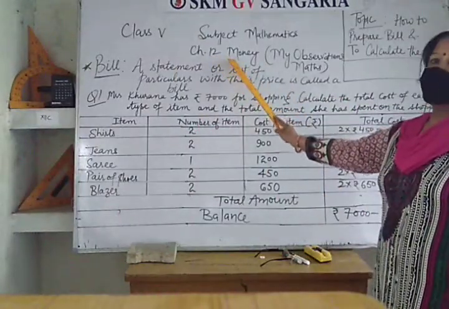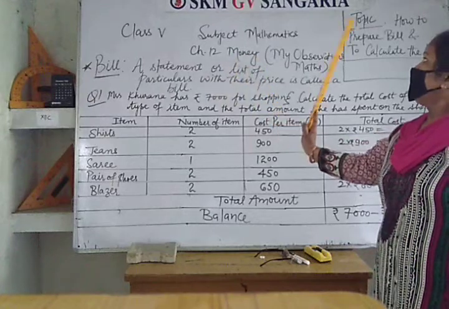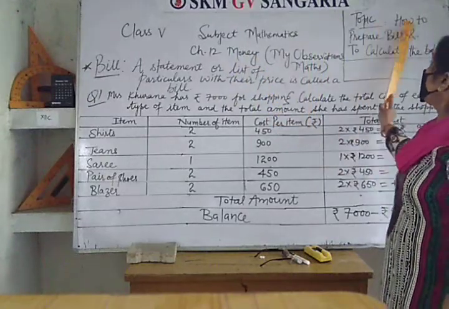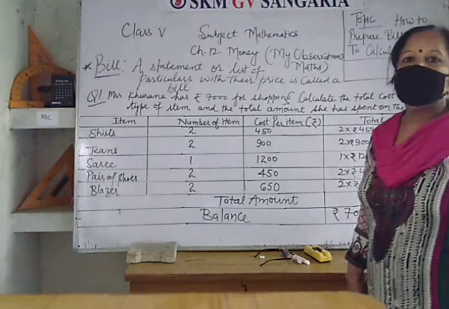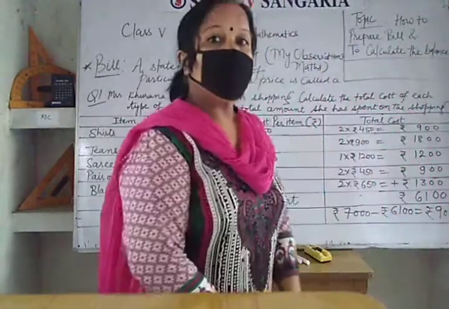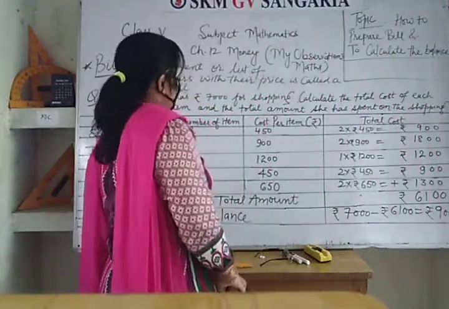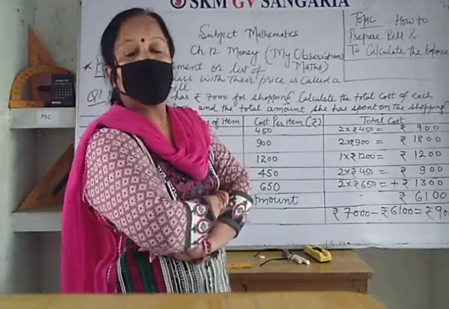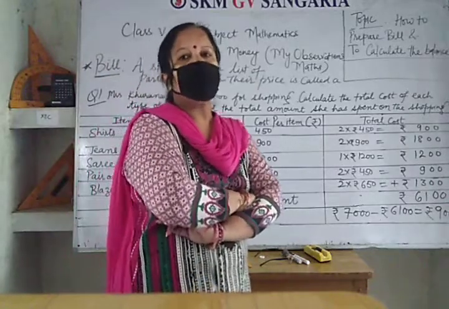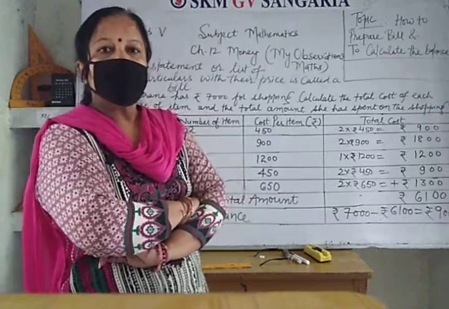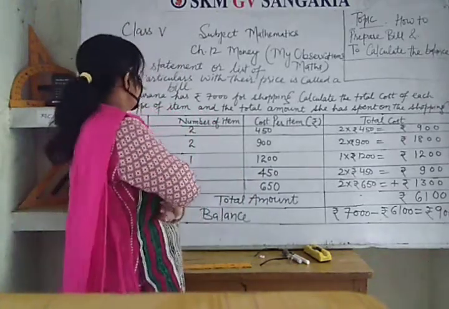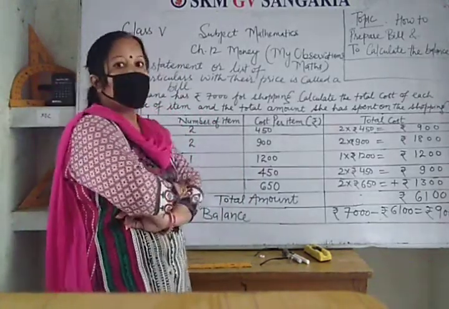Chapter number 12, money, and my topic today is how to prepare a bill and to calculate the balance. So I have taken questions from your book, My Observation Maths, and the question is here first.